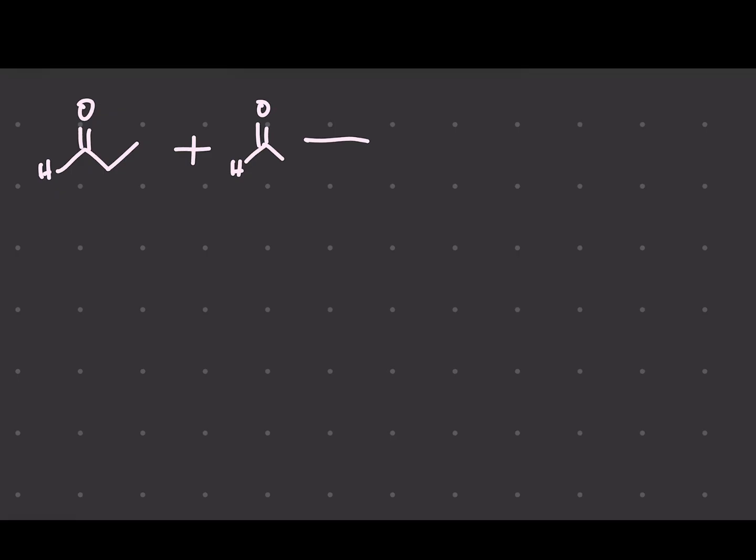In a cross Aldol reaction, under basic conditions, let's call this reactant 1, and let's call this reactant 2. Reactant 1 can react with itself, undergoing a self-Aldol reaction. We've seen that earlier. And reactant 2 can also react with itself, undergoing a self-Aldol reaction.